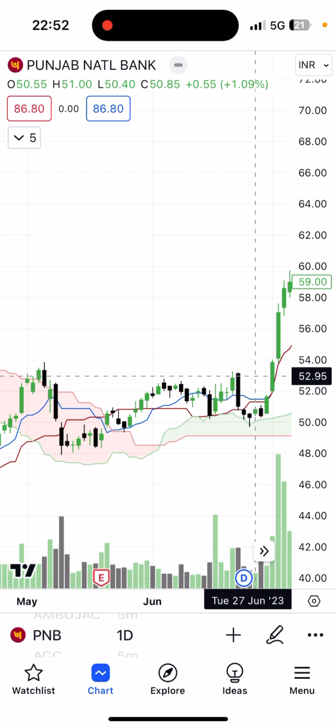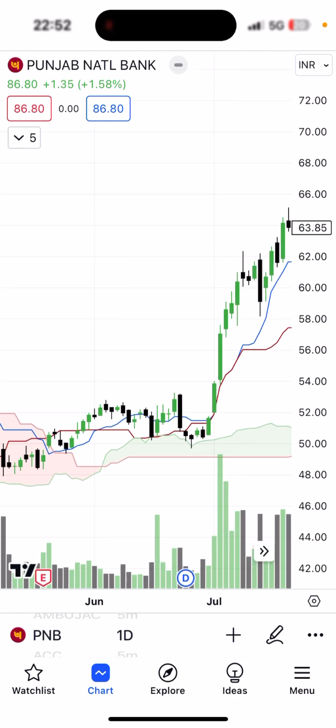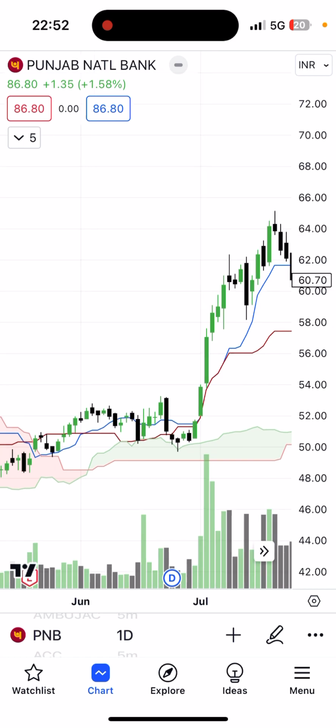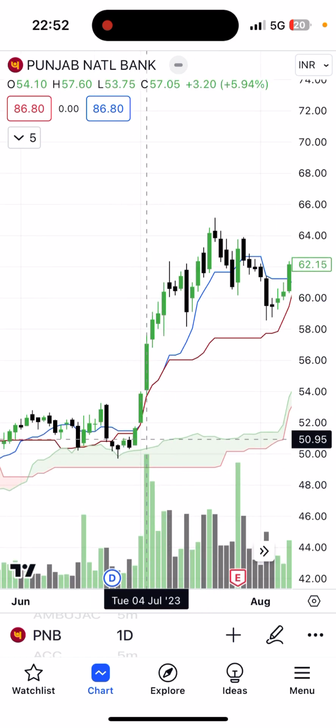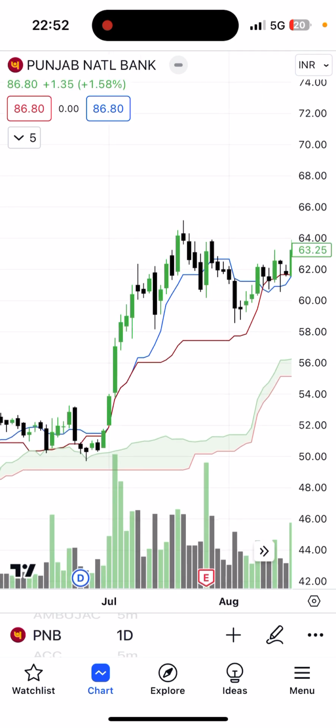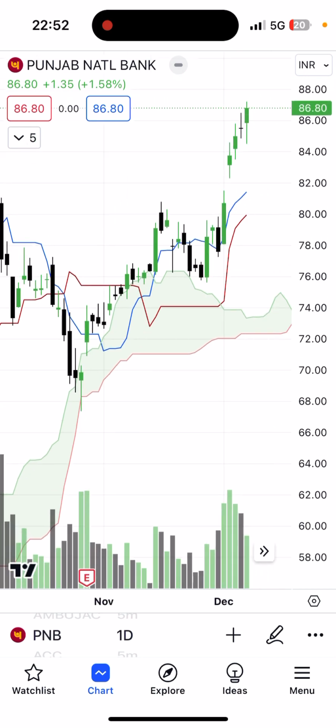So you will be wondering why it is still not crossing my buying price. What you have to remember is you have to have some patience. Trading is about having some patience too. Once it has not closed below the cloud, it went on to be a very bullish stock, and then it went on to go to 87.